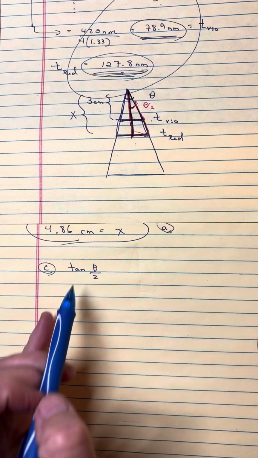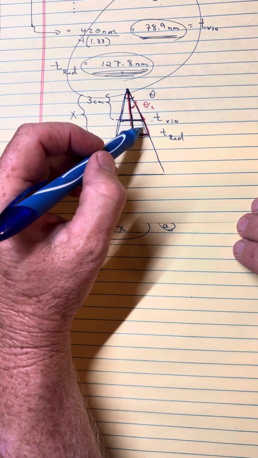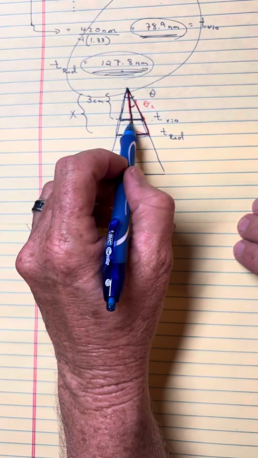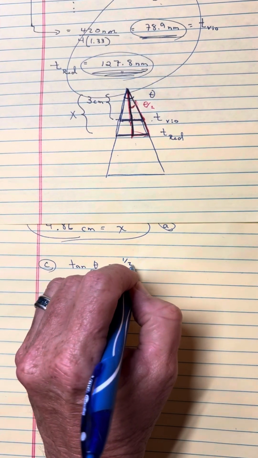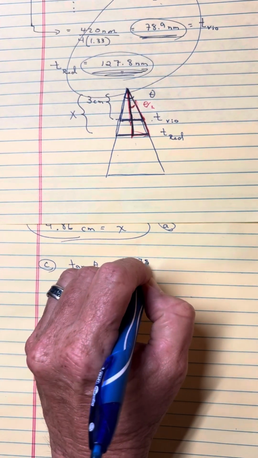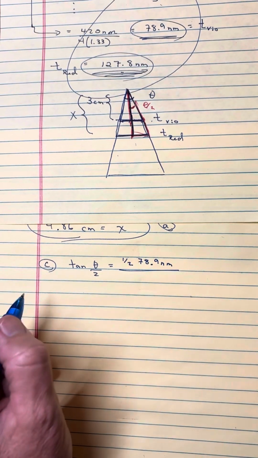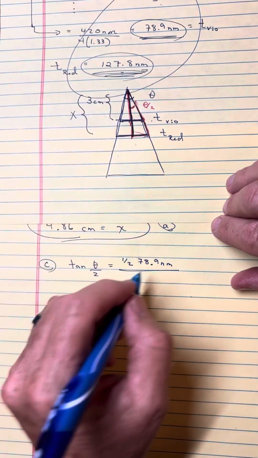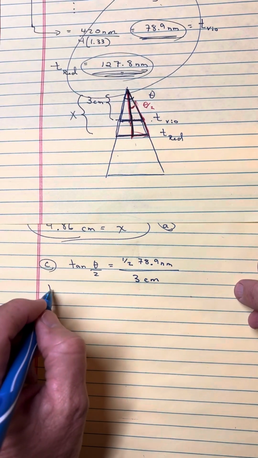Okay. Tangent. So if I do a tangent of theta over 2 and go to the violet, it would be half of the thickness here of the violet. So I'll go 1/2 of the 87.9 nanometers, divided by this height, which is 3 centimeters.